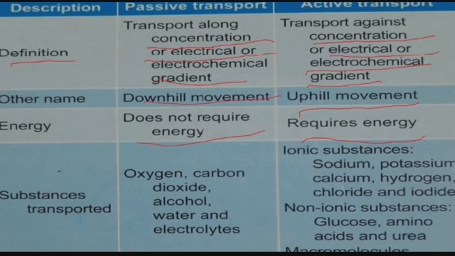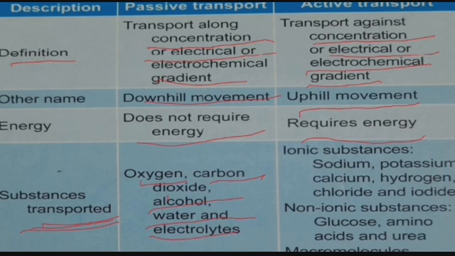Then the last one is substances transported. What types of substances are transported by passive and active transport? In case of passive transport, oxygen, carbon dioxide, alcohol, water, and electrolytes are transported.